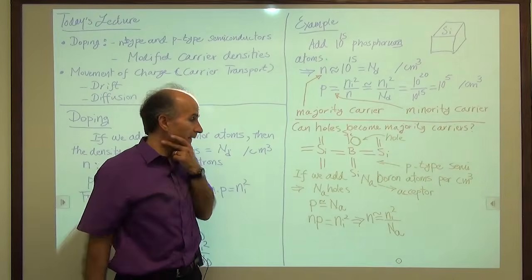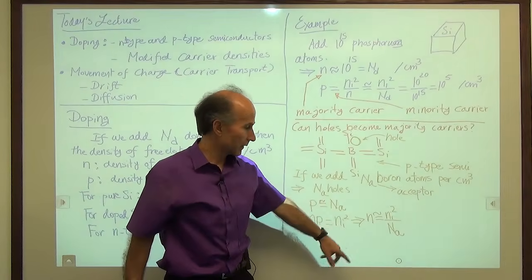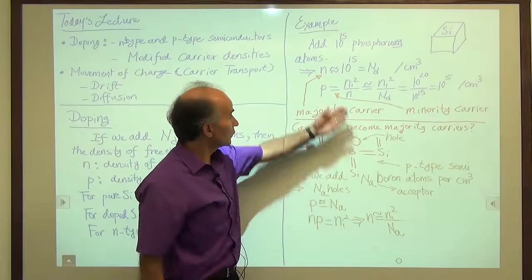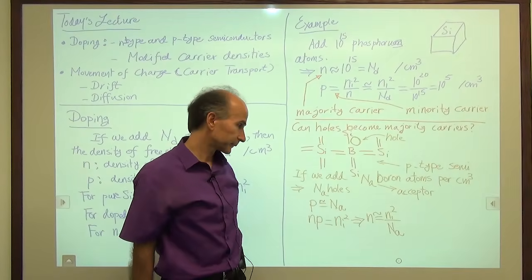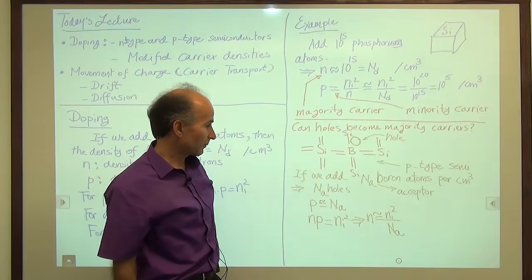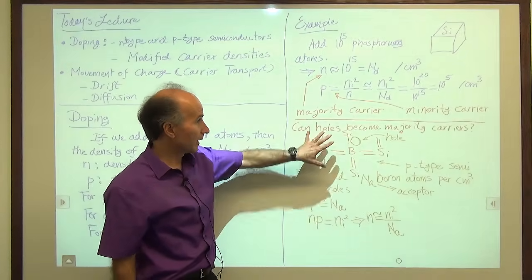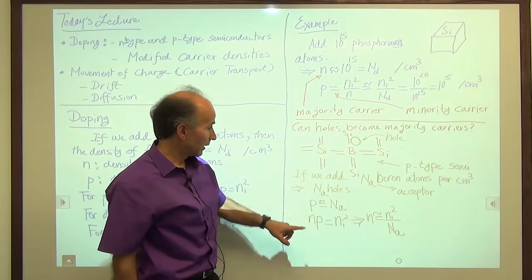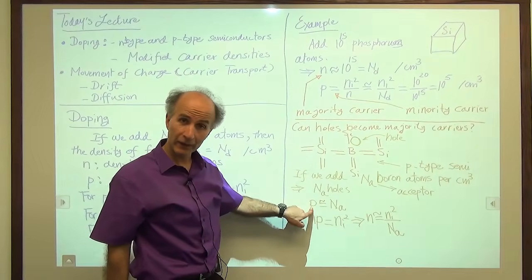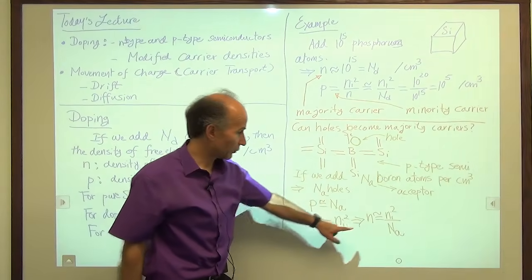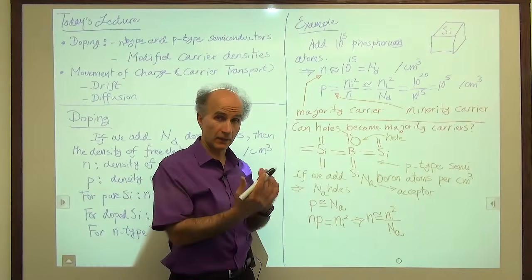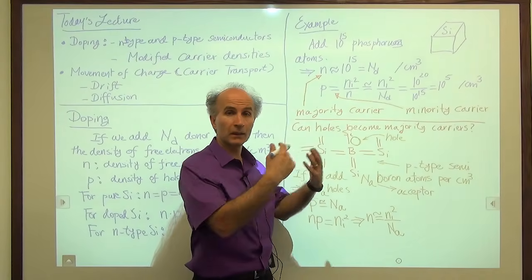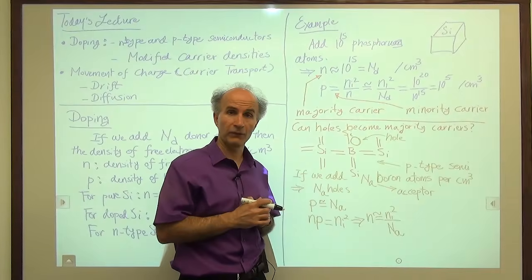So what we see is that the number of free electrons has dropped considerably, just like before, but in reverse order. Okay, so then it makes sense to say that in the p-type material, holes are the majority carriers and electrons are the minority carriers. And this distinction is critical to building interesting semiconductor devices later.